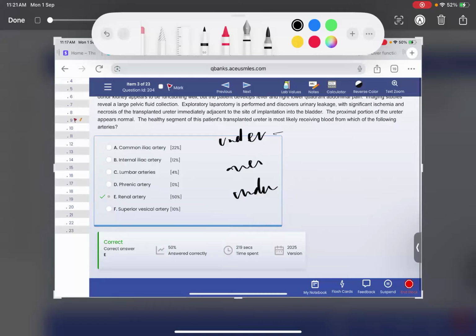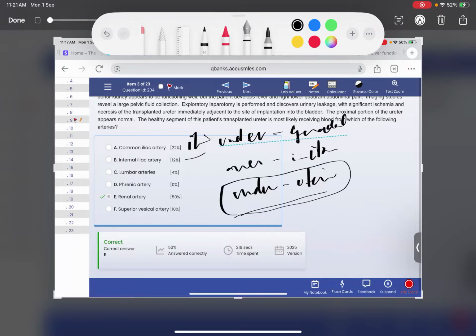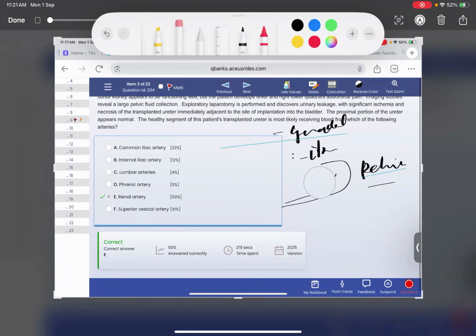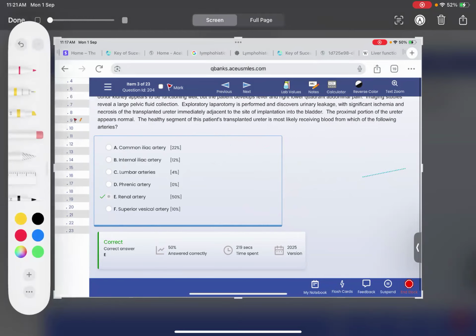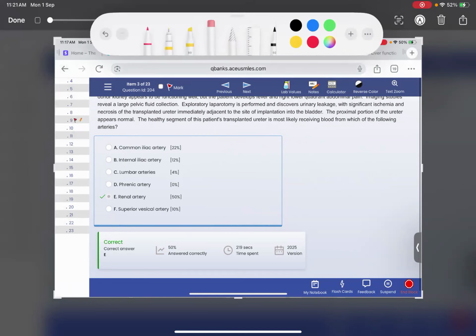Here gonadal, here iliac, and here uterine. Here it is going above the iliopsoas, in the upper portions, and here it is in the pelvic cavity. You don't need to be worried about this. If you want, you can have a look at the course of the ureter.